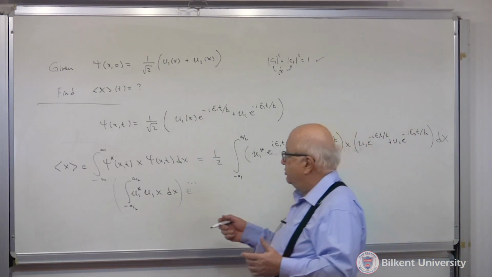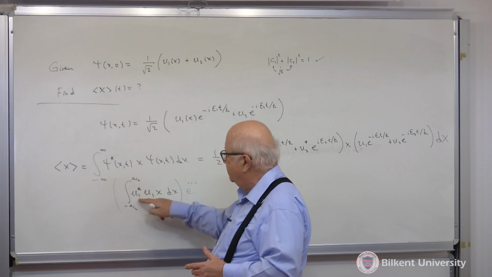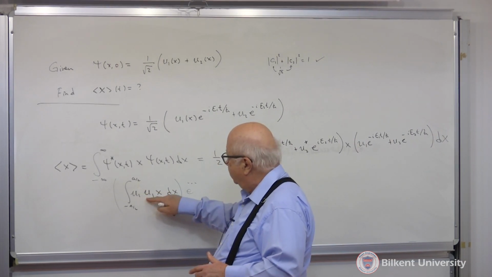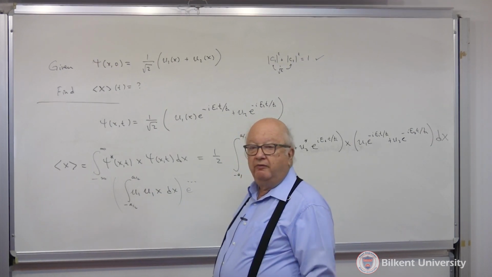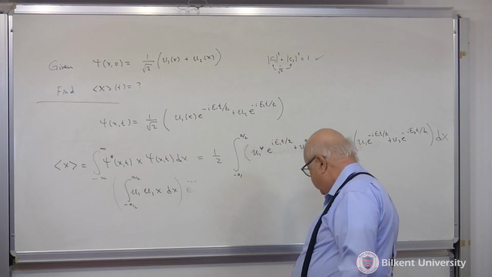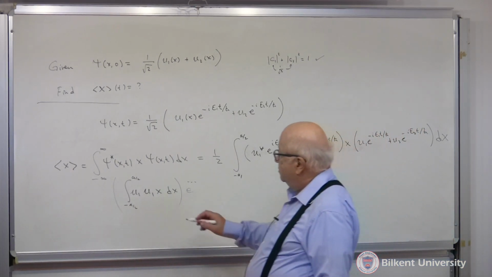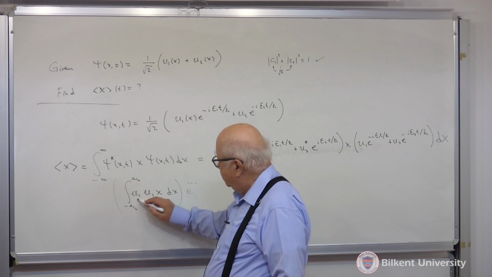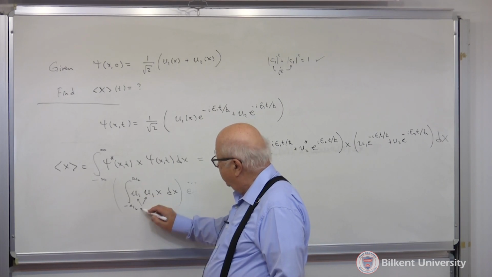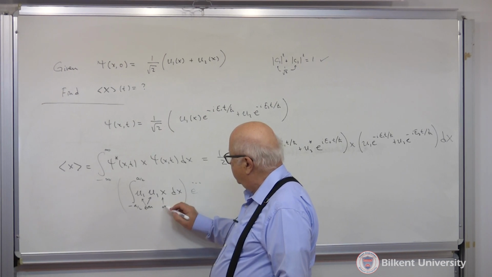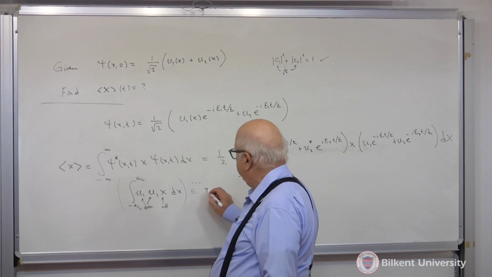These are real functions, u1 star is equal to u1, so you have u1 squared, the square of the ground state function, which is even. Multiplied together it is even, and then you have this x, which is odd, so I'm going to get 0.